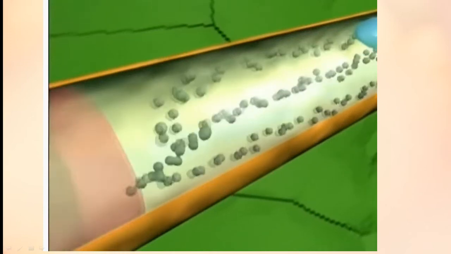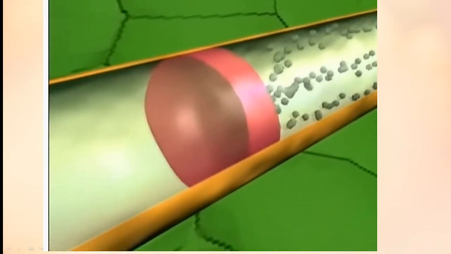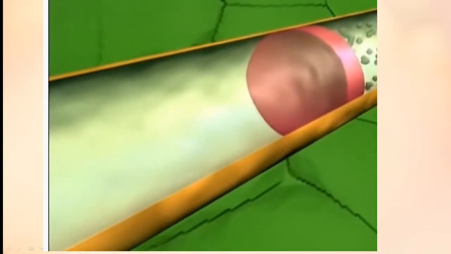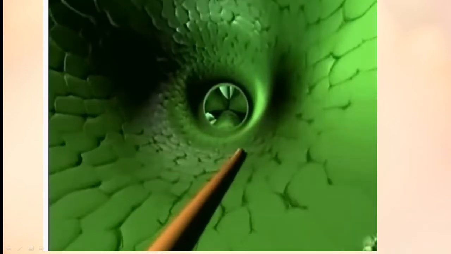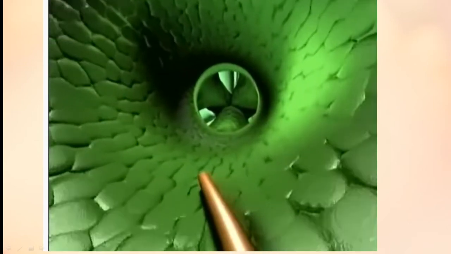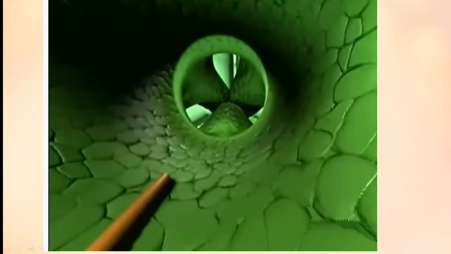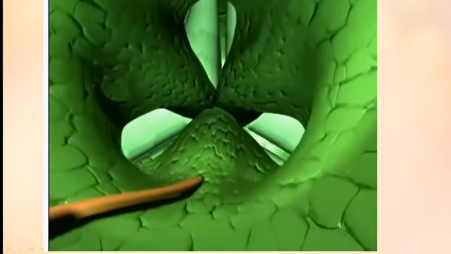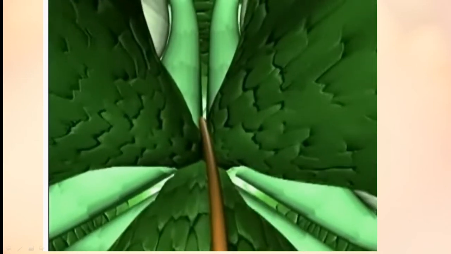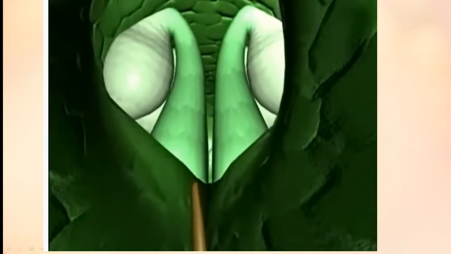Plugs of wall material called callose form, which keep the cytoplasm close to the growing tip. When the pollen tube reaches the base of the style, it grows into one of the 3 ovaries.